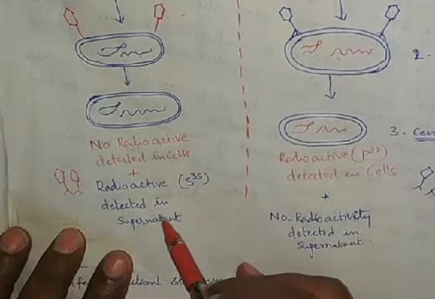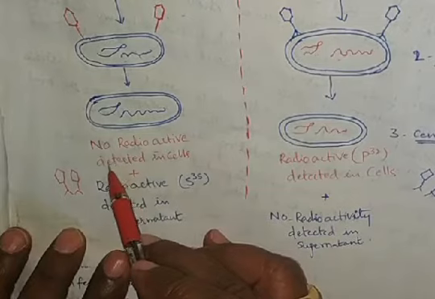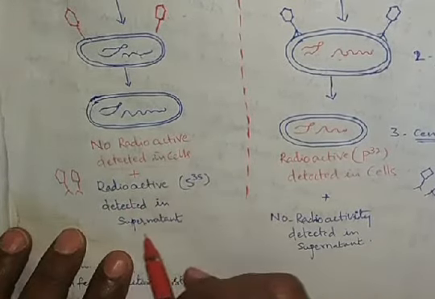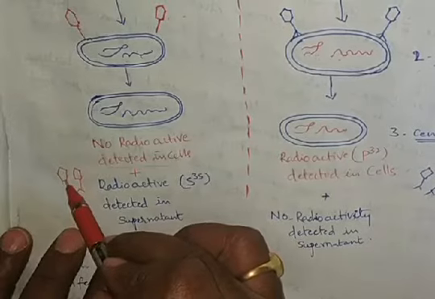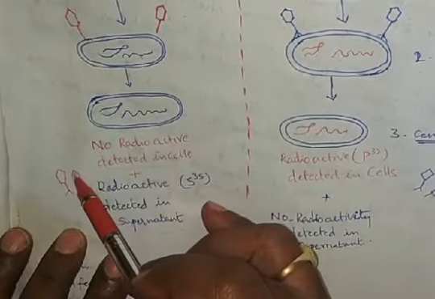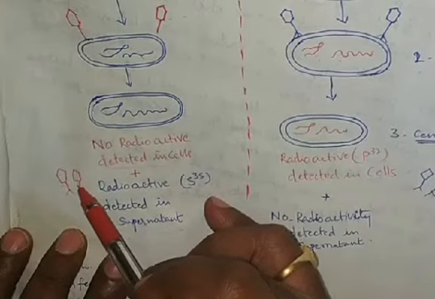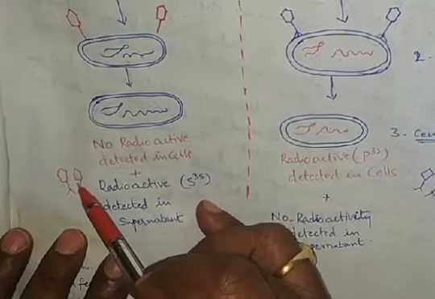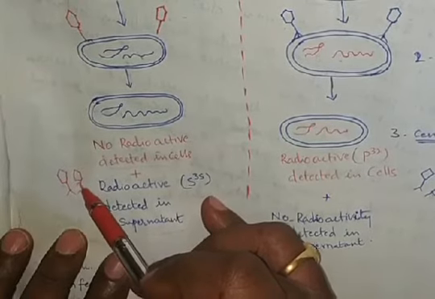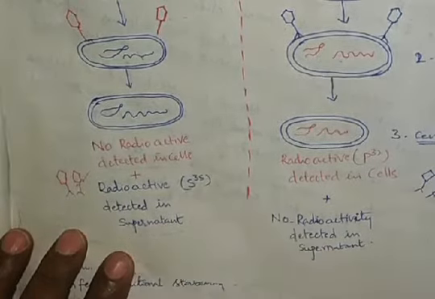By the centrifugation, the radioactivity is detected in the supernatant. That means outside the bacterial cell, where the virus materials are present, the radioactivity is seen.